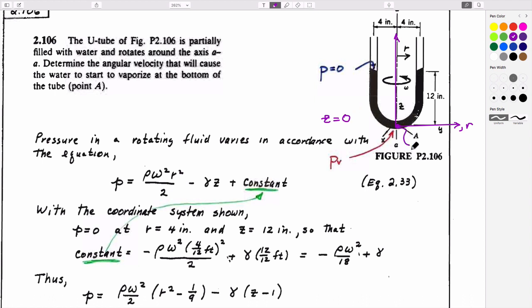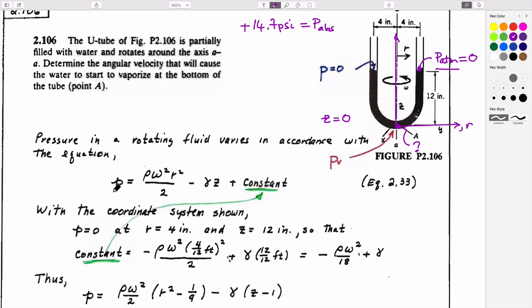So what we don't know is what the pressure is going to be here when it's spinning. But what we do know is that the pressure here is equal to atmospheric, which is equal to 0 gauge, or 14.7 psi absolute, even though we don't use English units. I think this example takes it as gauge pressure.